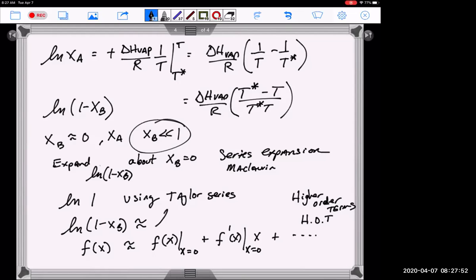So we just use this formula for the first two terms. We say, okay, we got the ln of 1 minus xb evaluated at xb equals 0 plus, and now the derivative of this is going to be 1 over 1 minus xb evaluated at xb equals 0, and this is all times 1 minus xb.